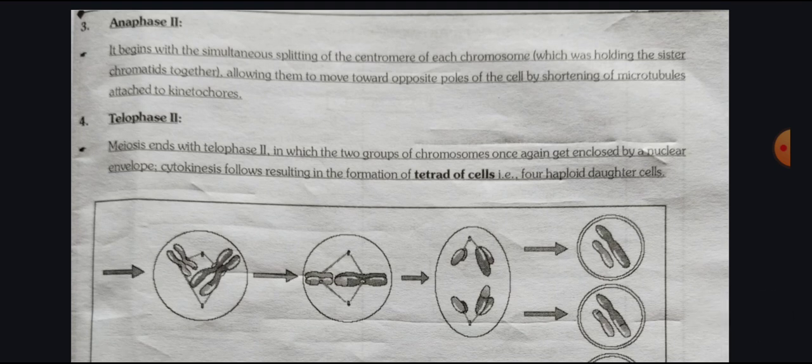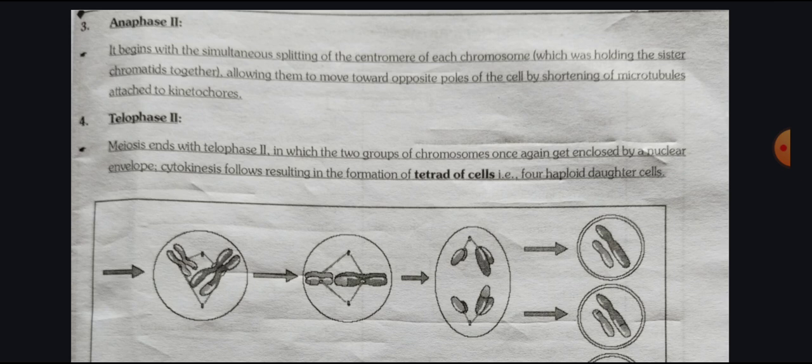Number three, anaphase two. It begins with the simultaneous splitting of the centromere of each chromosome, which was holding the sister chromatids together, allowing them to move toward opposite poles of the cell by shortening of microtubules attached to kinetochores. Number four, telophase two.